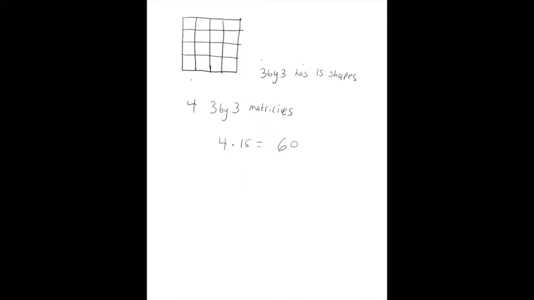So here we note that we have 15 shapes within a 3 by 3 matrix. We have counted that we have 4 3 by 3 matrices in this 4 by 4 matrix.